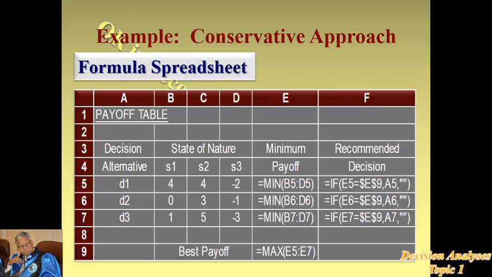Instead of max in column E, there will be minimum of B5 to D5, minimum of B6 to D6, minimum of B7 to D7, and the maximum as it is for E5 up to E7, and IF to select the appropriate decision alternative letter.